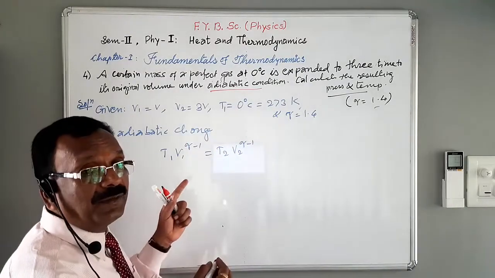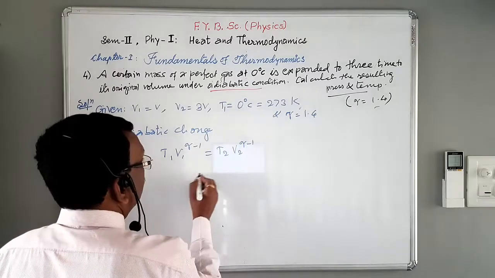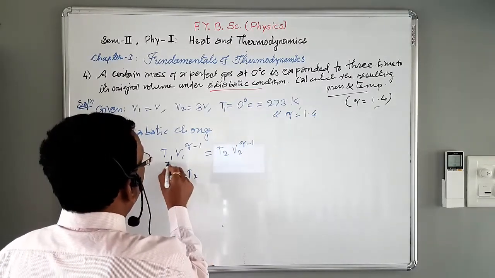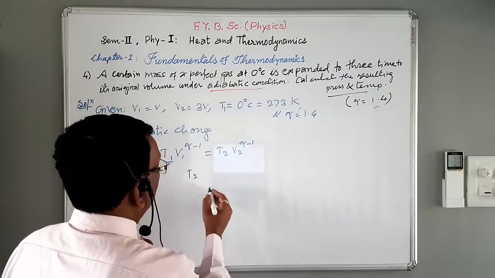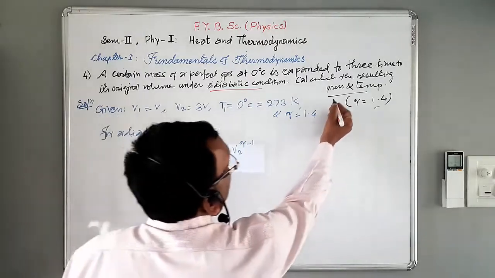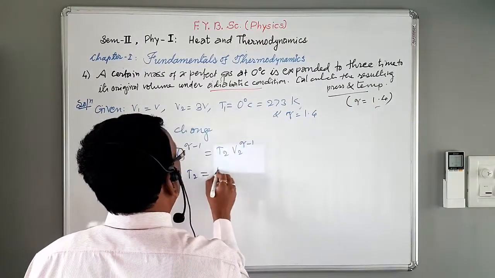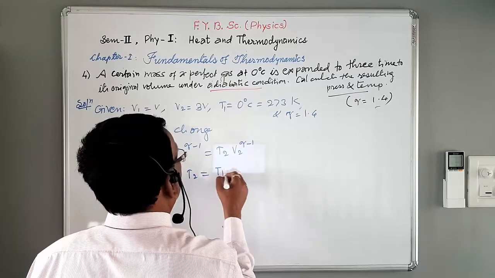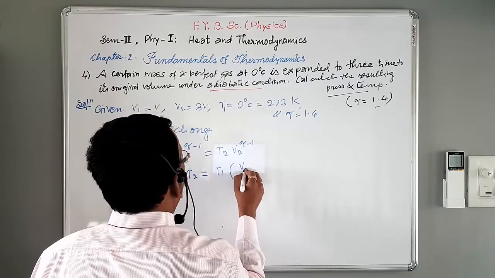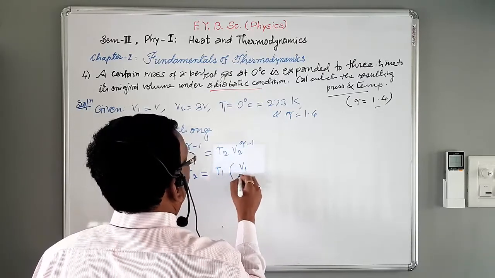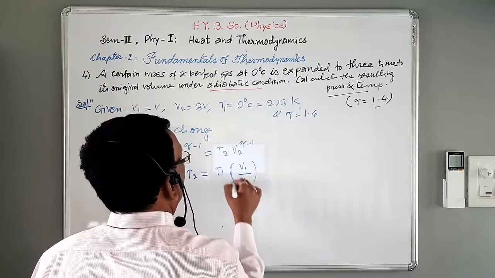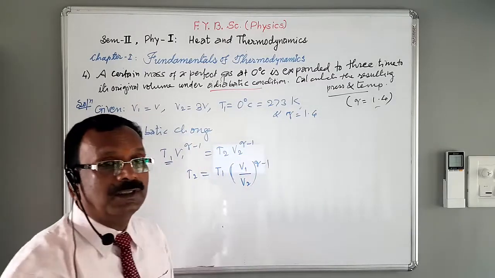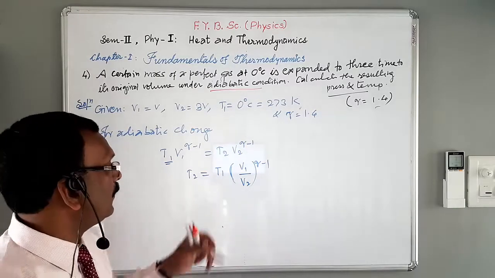So rearrange this equation. We have T1, V1 and V2, and we want to find the resultant temperature. T2 is equal to T1 in bracket V1 upon V2 raised to gamma minus 1.